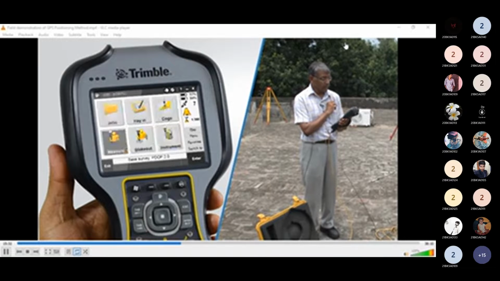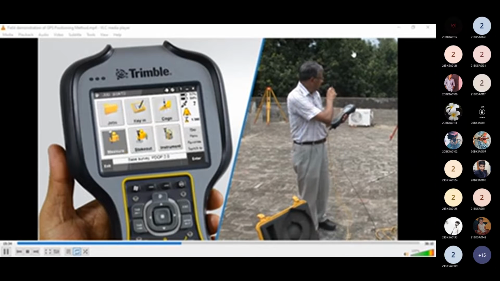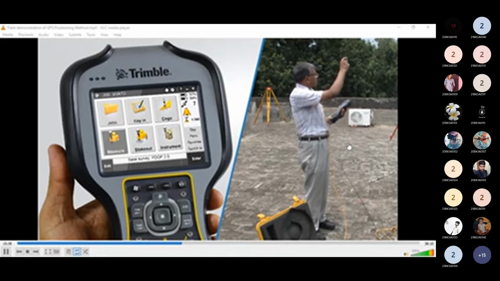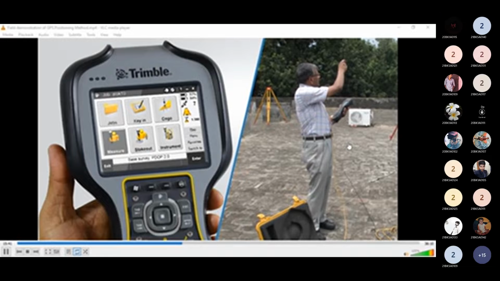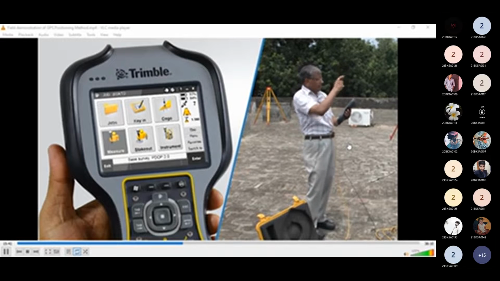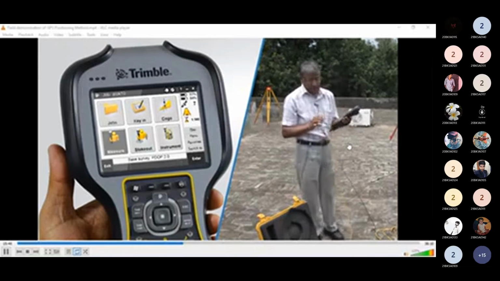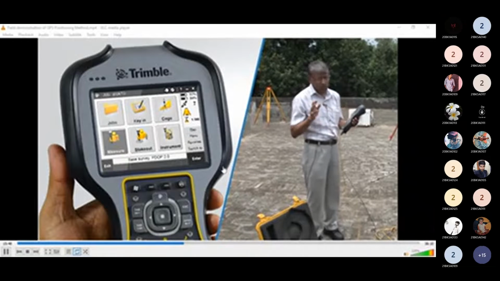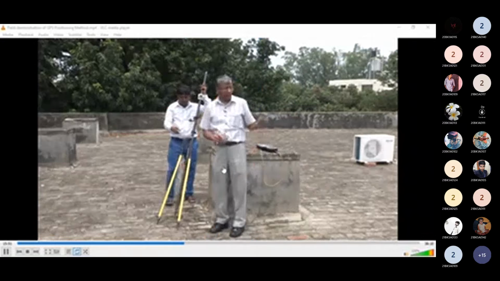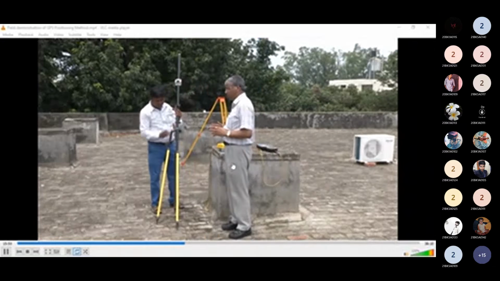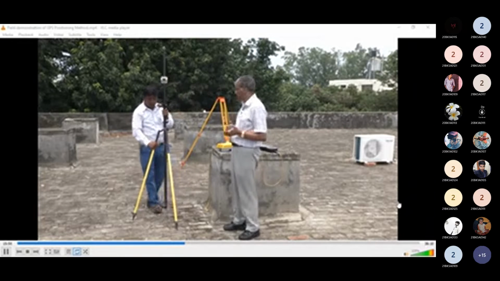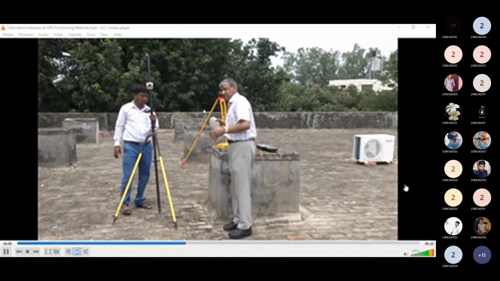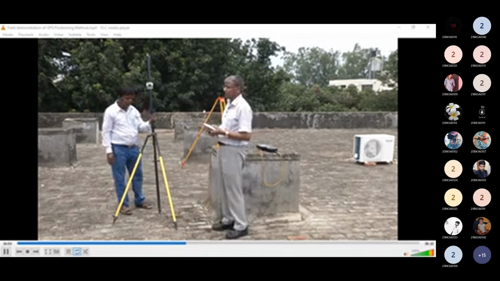Okay. Now the reference or base receiver communicates through the radio communication system. So now we have to go for this radio communication to the rover station. After the fixing and communication unit of the reference station has been set up, now we will go for setting up of the rover station.